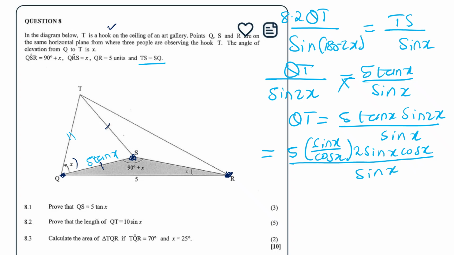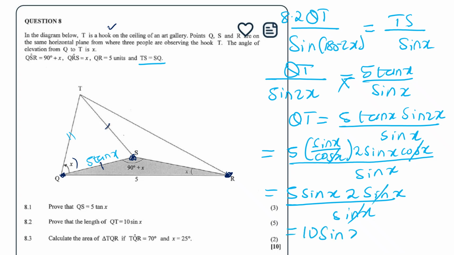In other words, the cos will eliminate that cos over there. We'll be left with 5 sine x times 2 sine x over sine x. This can cancel with this, and we'll be left with 10 sine x.